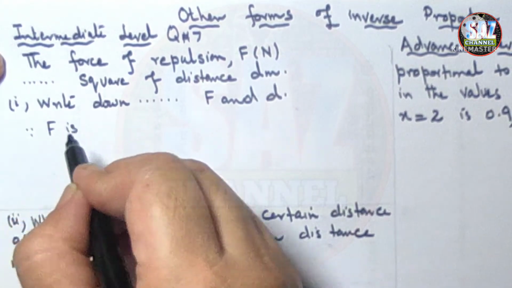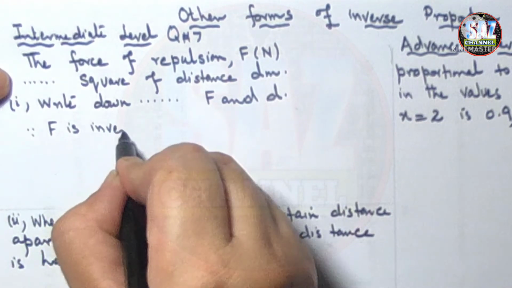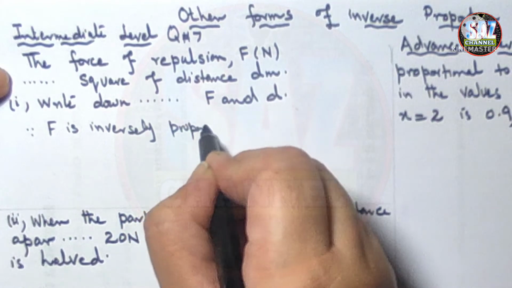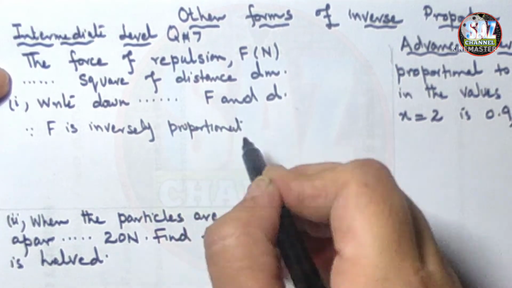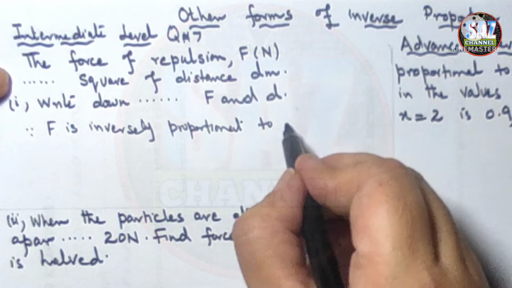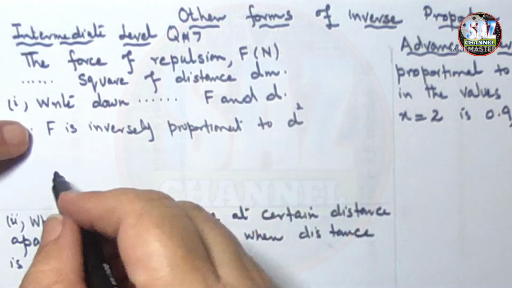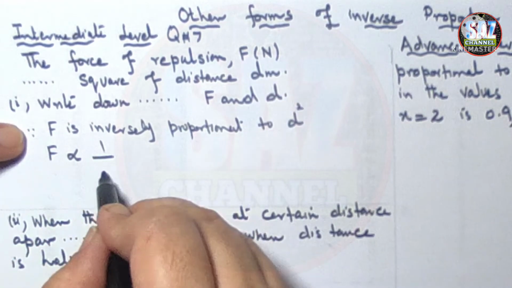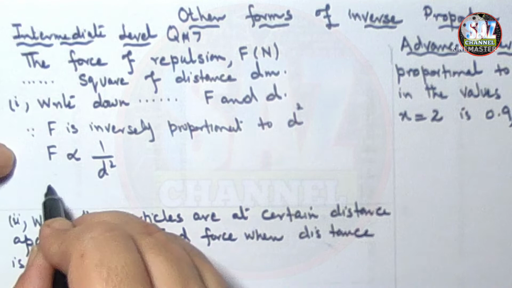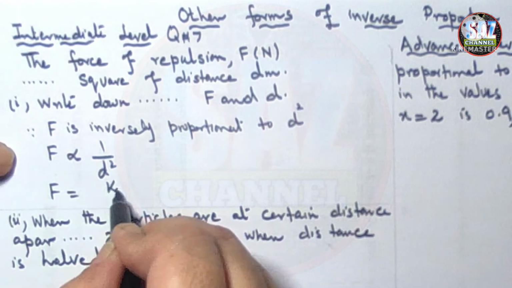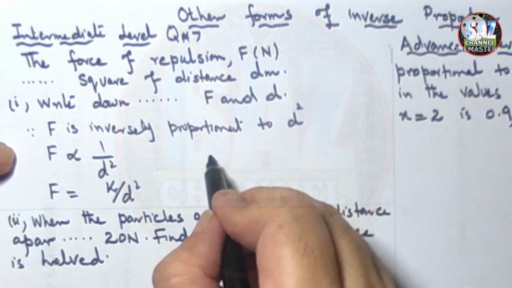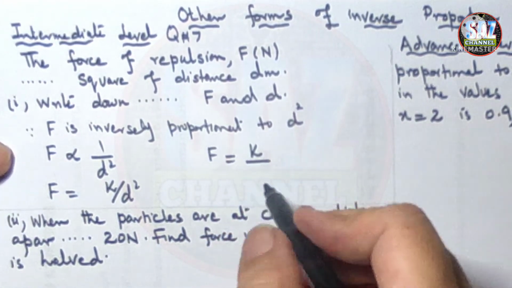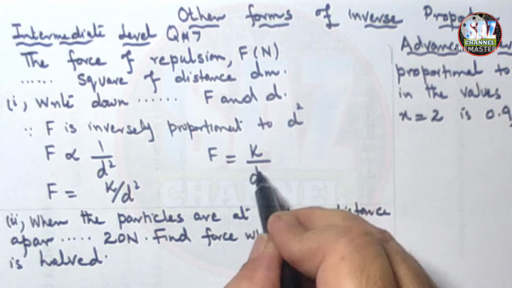Force is inversely proportional to the square of the distance, d square. So F is inversely proportional to 1 over d square, or F equals k over d square. This is the formula connecting F with d square.